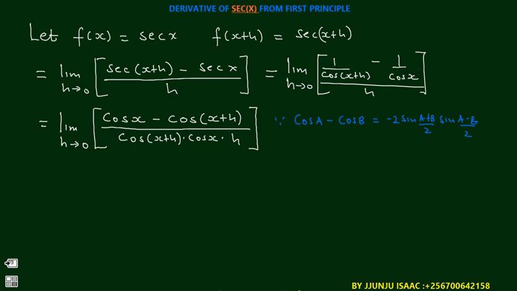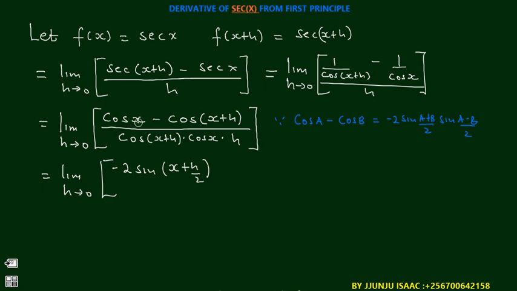When we apply it here, we get the derivative of our function as the limit as h tends to 0. So cos x minus cos of x plus h, we shall get negative 2 sine. Now let us add. When we add, we shall get x plus x plus h, that is 2x plus h, divided by 2, we get x plus h over 2.